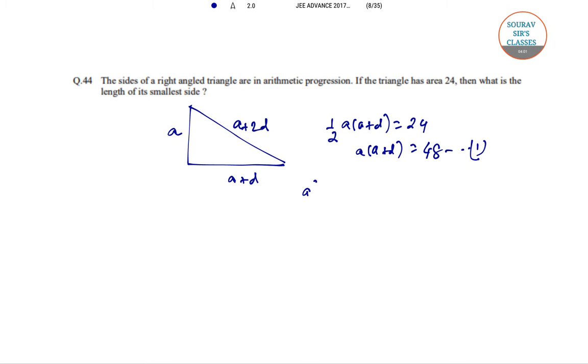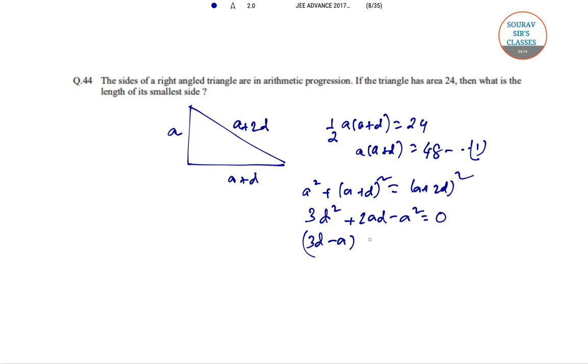Also a square plus a plus d whole square equals a plus 2d whole square. This will give us 3d square plus 2ad minus a square equal to 0. So that is (3d minus a) into (a plus d) equal to 0. From this you get 3d equal to a, as a plus d cannot be equal to 0, because this part is a side itself.